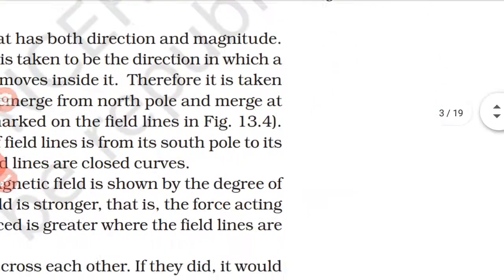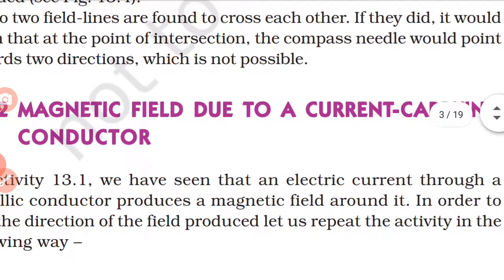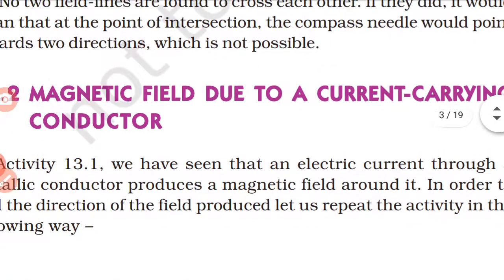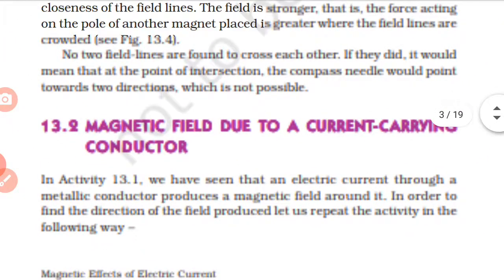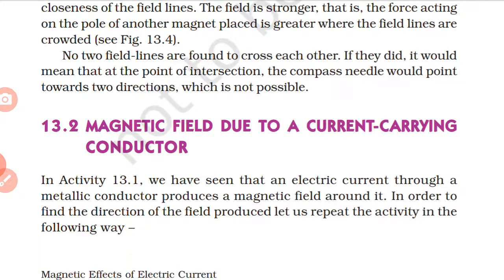Now next we'll discuss the magnetic field of a current carrying conductor. Here you take a long straight copper wire and connect it with the battery and simple key in series.